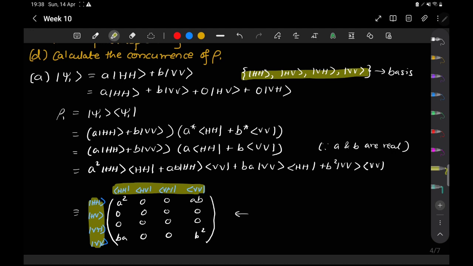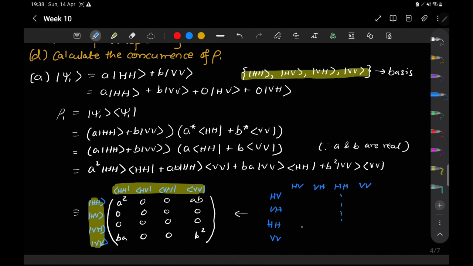So you know the coefficient of HH is a squared. If your ordering is such that you have, let's say, HV, VH, HH and VV, then similarly here also you have to be consistent. You can't just decide one order for something, another order for something.